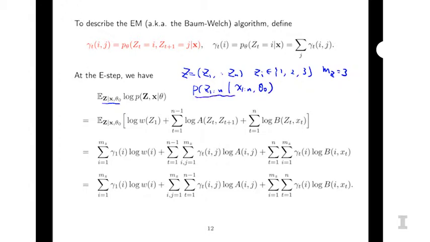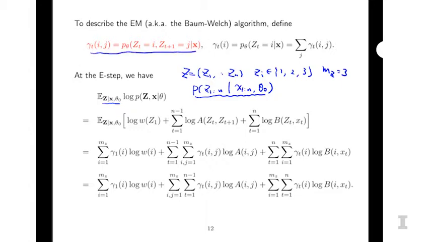This seems difficult to keep track of, because the z's won't be independent, so we have to keep track of a joint distribution of n random variables. But it turns out that if you look at the log likelihood, what's relevant is just the marginal distribution of some of the z's, and the joint distribution for a pair of z's. So we're going to define gamma_t(i,j).